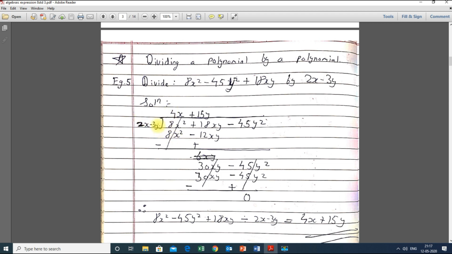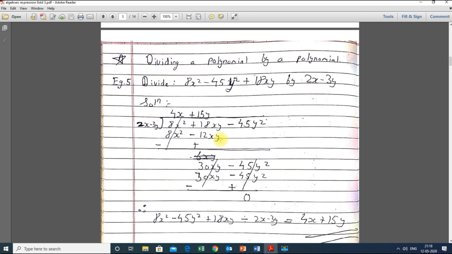Now, the second term which is there, directly multiply the second term with the term which we have written over here. That is 4 into 3 is 12. Therefore, 12 over here. Here minus into plus, there is no sign over here, therefore we will consider it as plus. Minus into plus is minus, therefore minus over here. x into y is xy, therefore xy over here. As simple as that.